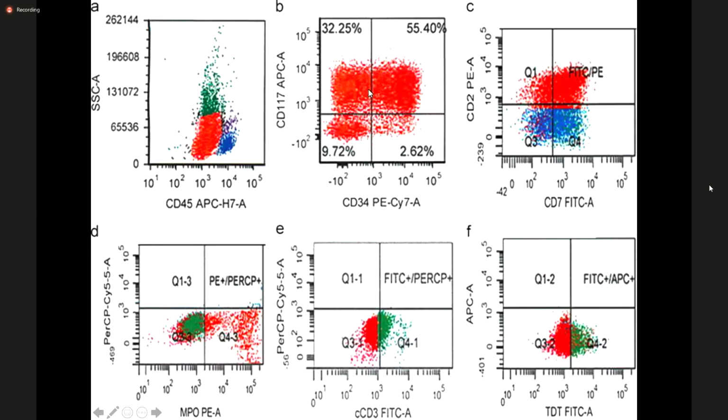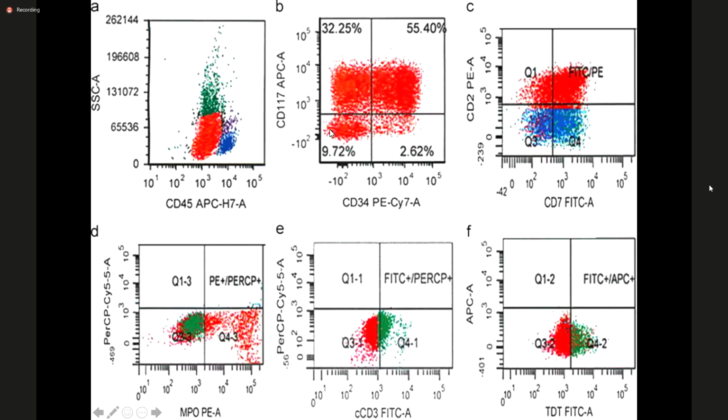Here, this group of cells is CD34 negative and CD117 negative. This group of cells is CD34 positive, whereas CD117 is negative. This group of cells is CD34 positive and CD117 also positive.